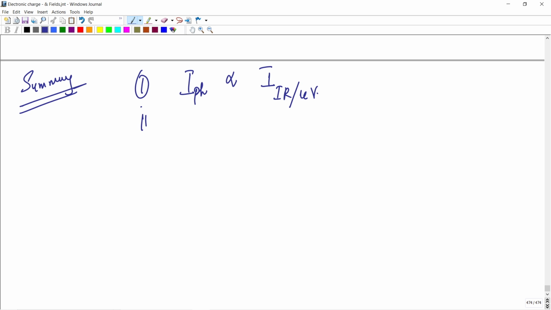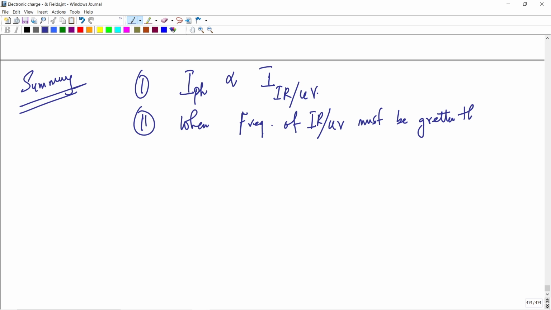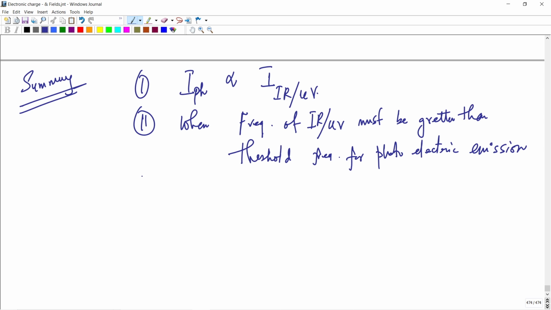Second, the frequency of incident radiation or UV ray must be greater than the threshold frequency for photoelectric emission.